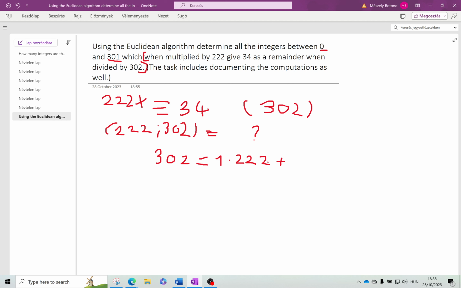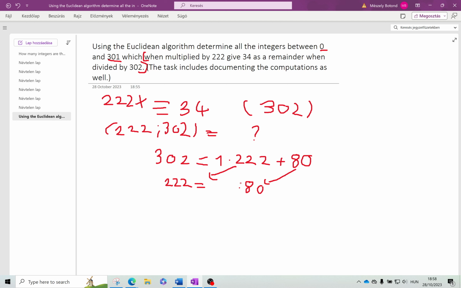So 1 times 222 is 222, and then you write down the remainder, which is 80. So if you calculate it, 80 plus 1 times 222 is 302. So basically you write down this formula. Then you take this, you put it here, 222, and you put the remainder 80 here.